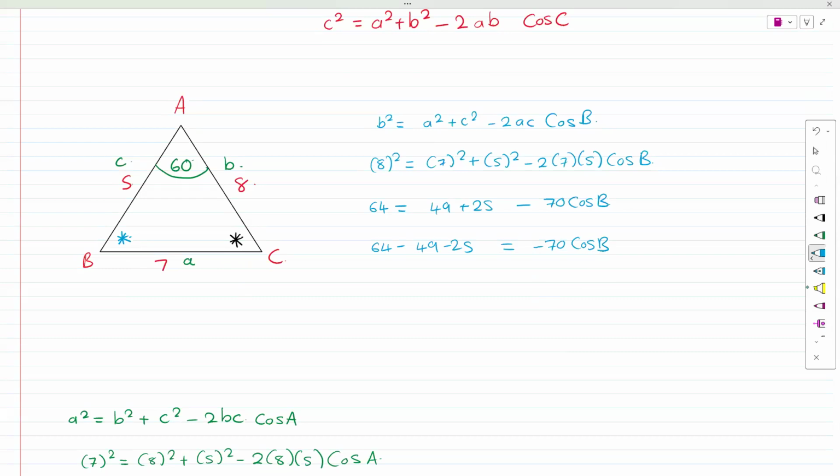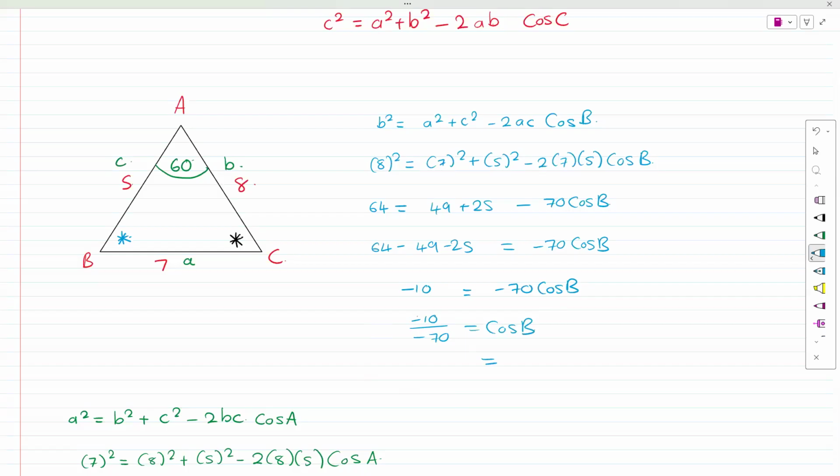Okay, I got minus 10, which equals minus 70 cos B. And now I could also be wrong, so I am going to double check just to make sure. Okay, genuinely, I don't think I am, but we'll see. That's minus 70 cos beta.